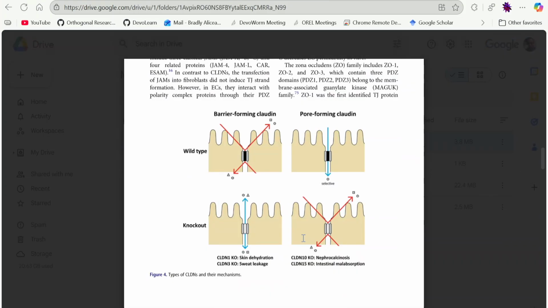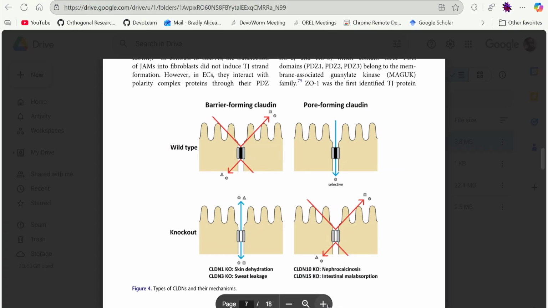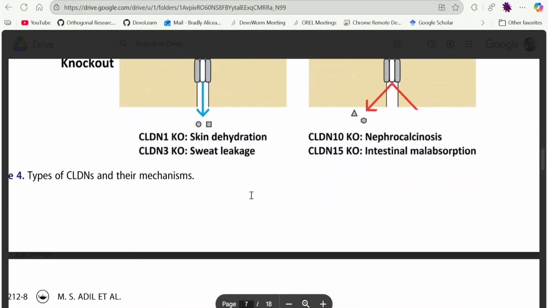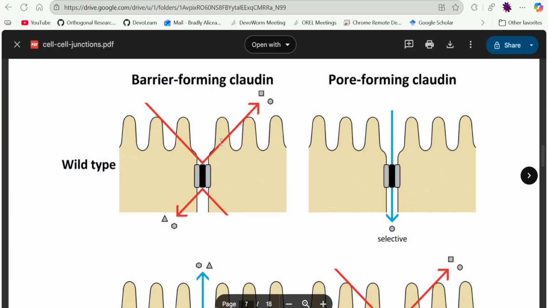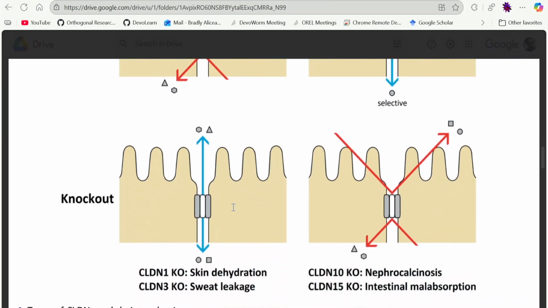All right. And then this is an example of a knockout where you have the types of CLDNs and their mechanisms. You have two examples of a knockout and two examples of a wild type for barrier forming claudin and pore forming claudin. So the barrier forming claudin in the wild type, you see this, and when you knock out, I guess you're knocking out CLDN1 and CLDN3. If you have normal function here with barrier forming claudin, and then when you knock that out, you have passage.